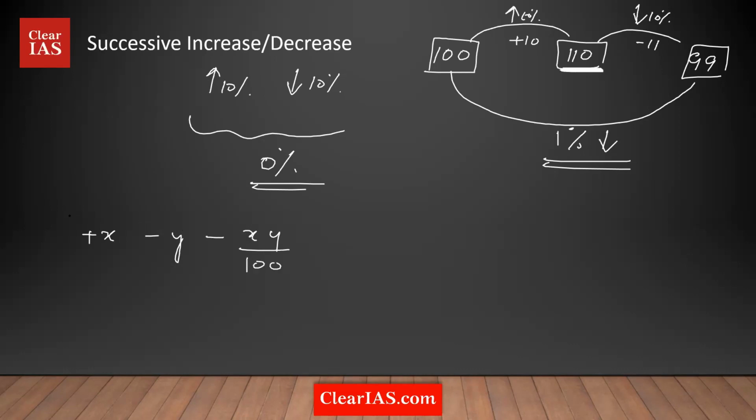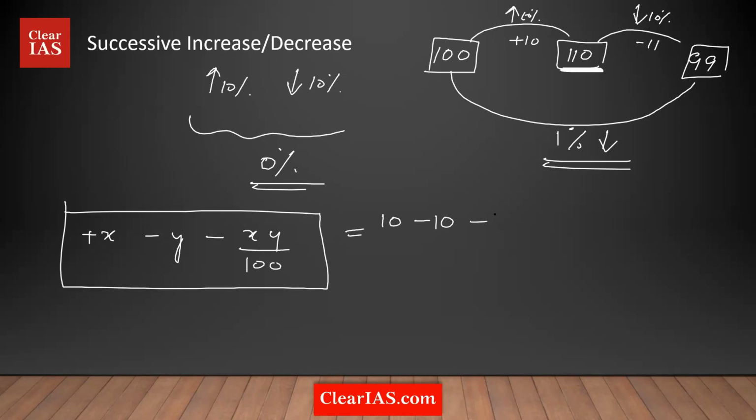Plus into minus will be negative. So this is a formula you can use to find the effective percentage change. This is the same as 10 minus 10 minus 10 into 10 by 100. So these two will get cancelled, and this is the same as minus 1%. What do you mean by minus? A 1% decrease would give you the answer. Is it all clear?